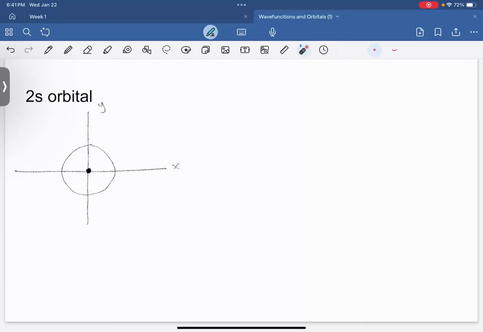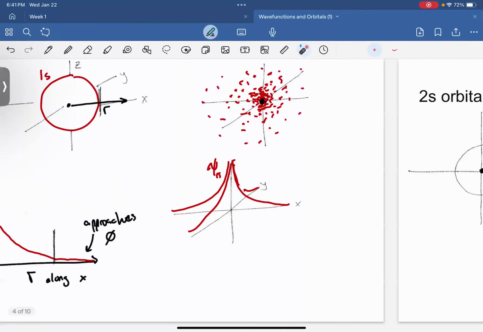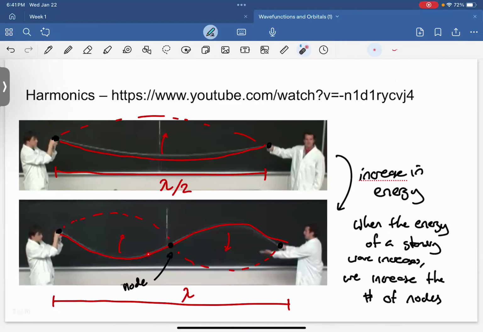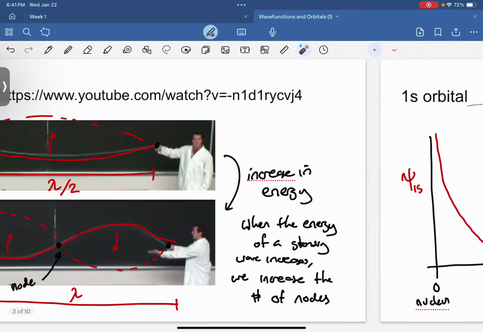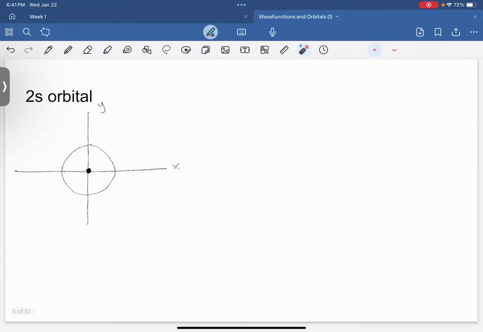Now, what this means is that the function is changing sign as I cross that node. That is a place where the function is fixed to be 0 everywhere along this node. And on opposite sides of the node, the wave function is out of phase with one another. So as I cross the node, my sign has to change from positive to negative or vice versa.